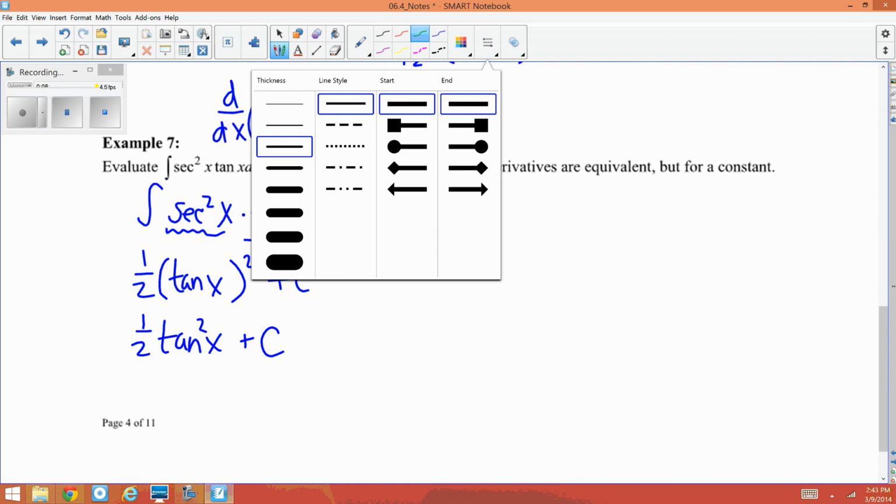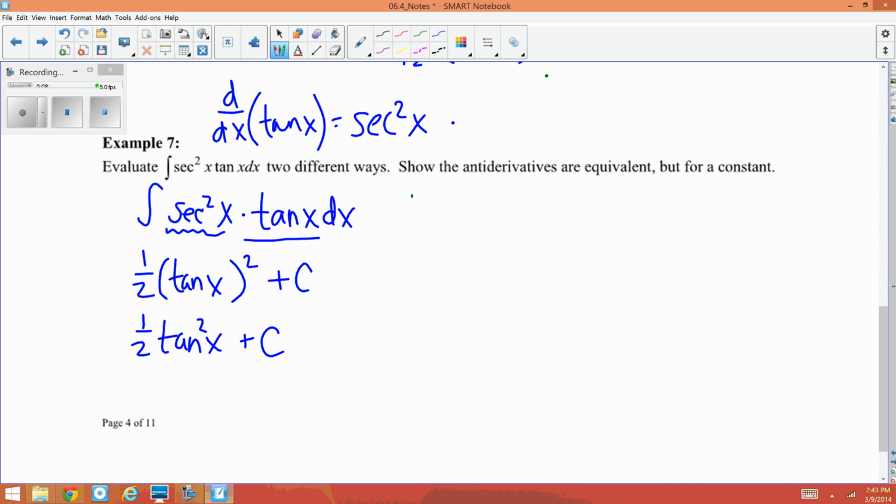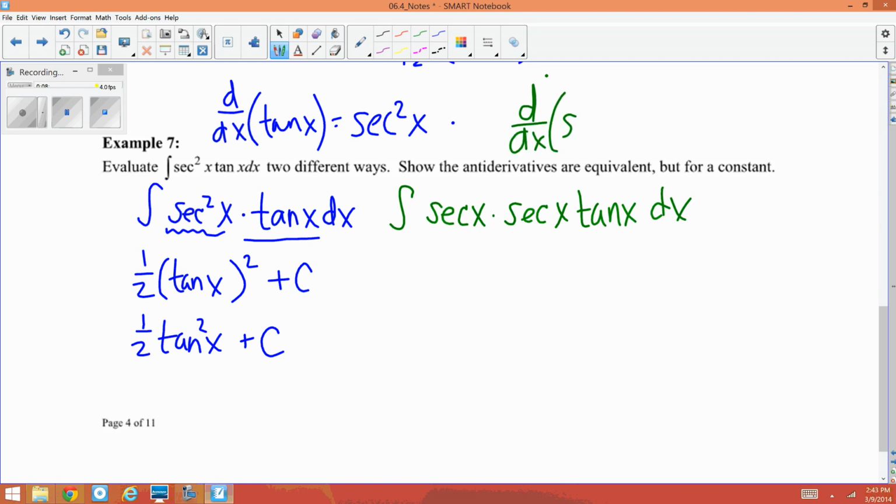Alright, now another way of doing that is writing it a little bit differently maybe. Alright, so I'll have secant of x times secant of x tangent of x. Alright, here, if you recognize that the derivative of secant of x, and again, this isn't something you write, this is something you get with practice, okay, is secant x tangent x.